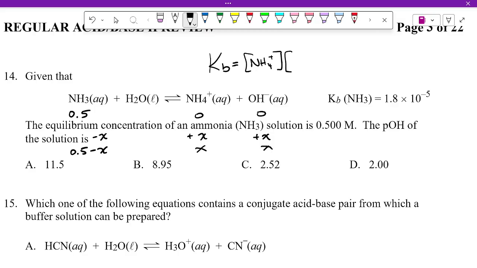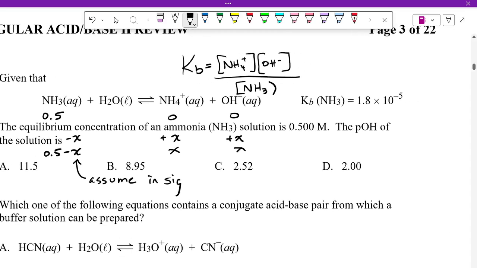You would write it down for a written response question, but for this kind of question, you can just say Kb is equal to x squared over 0.5, because we're going to assume x is insignificant. So Kb is 1.8 times 10 to the minus 5, and that's equal to x squared over 0.5.